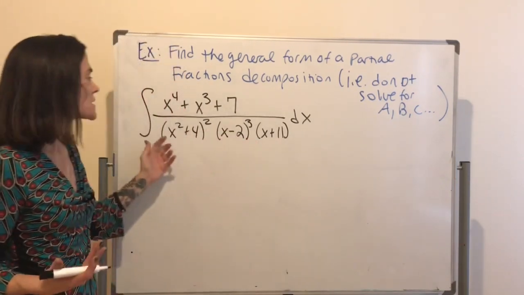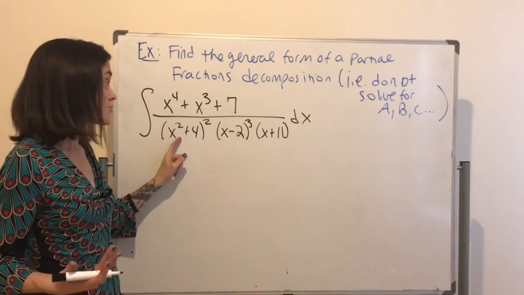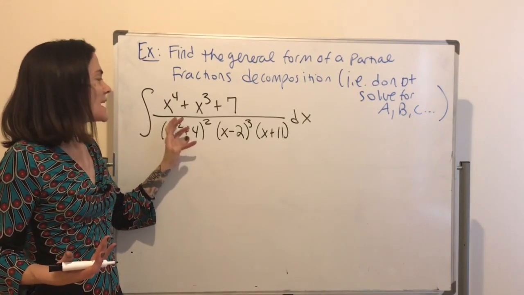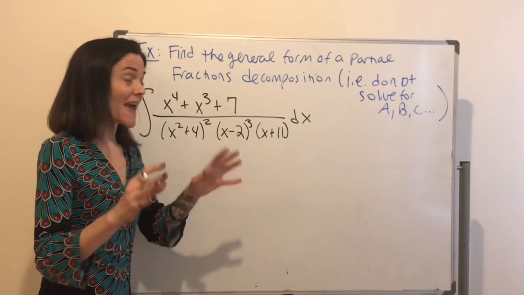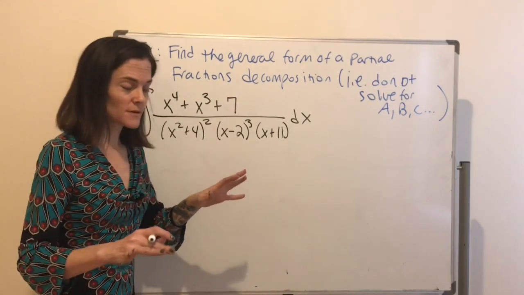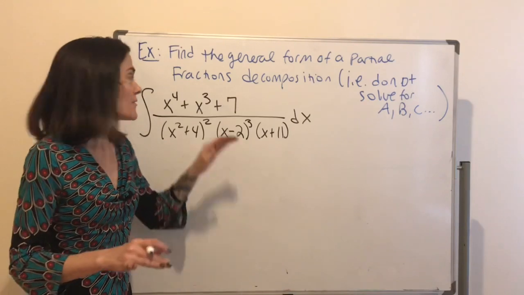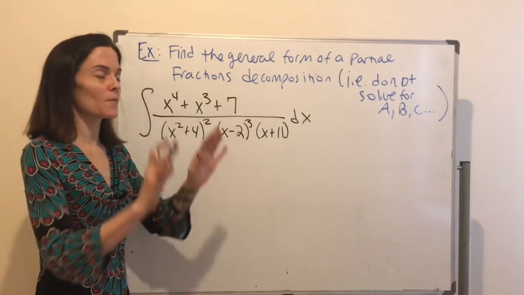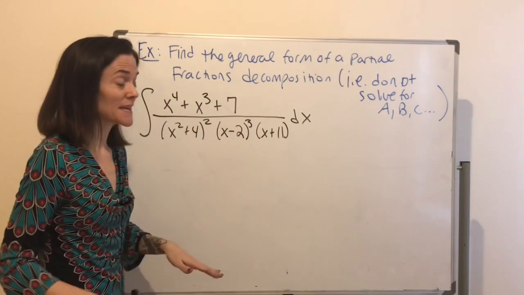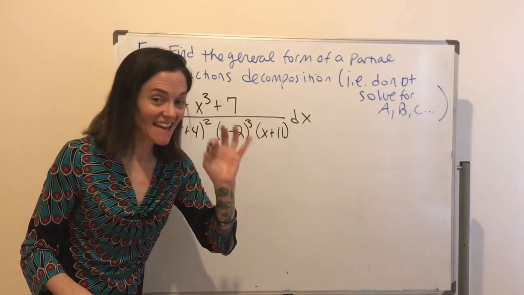But if you imagine, because this is degree 8, we will have 8 coefficients, and we would have 8 unknowns. If we went through the steps, I should say, where we get a common denominator, set the numerators equal, we would have 8 equations, 8 unknowns.